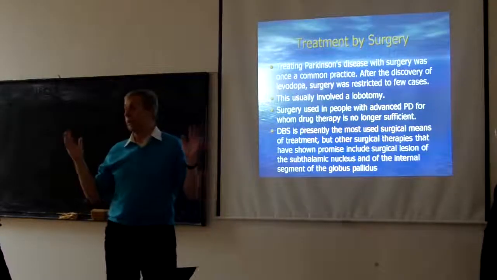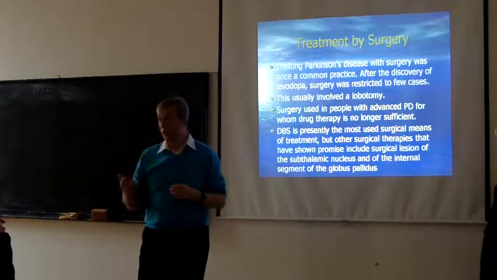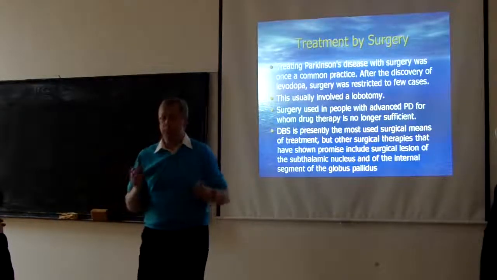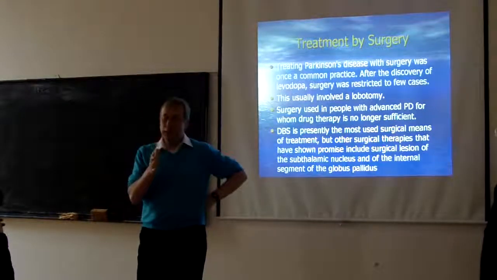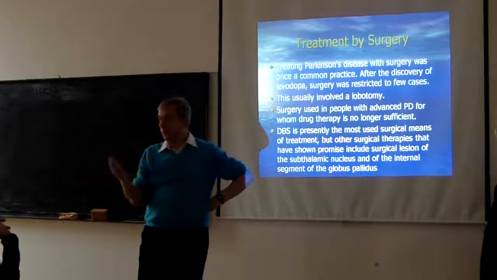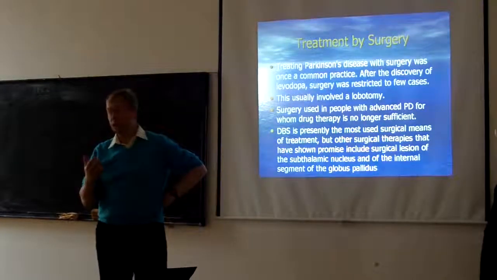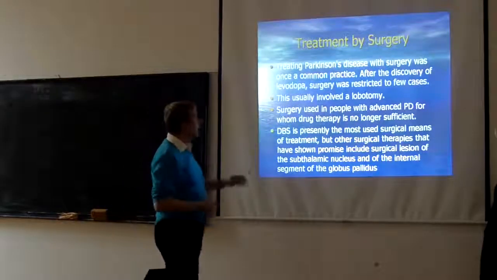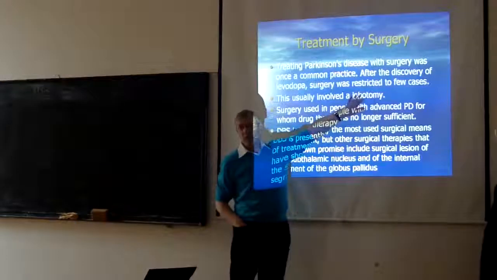They effectively don't have Parkinson's disease. But there could be side issues. Maybe they have memory loss or some other, but it could be not as problematic. For other people, they'd have the operation and they'd still end up with Parkinson's disease, and maybe the symptoms would be worse. So it's very much a case of trial and error, but that used to be the only treatment.